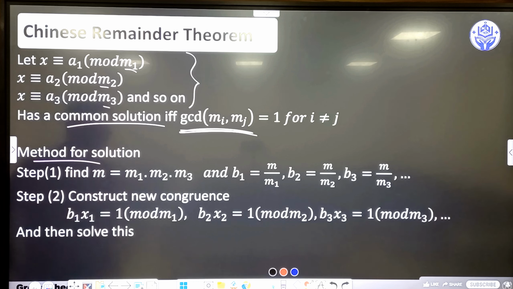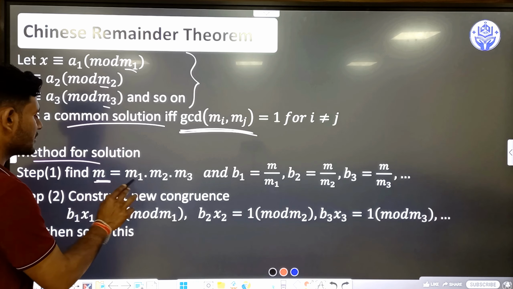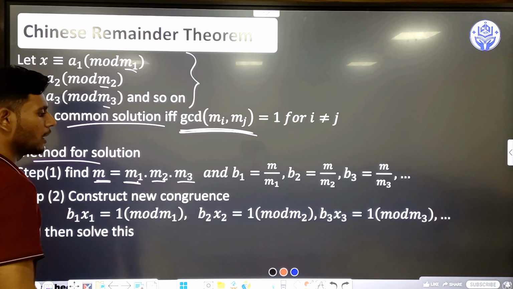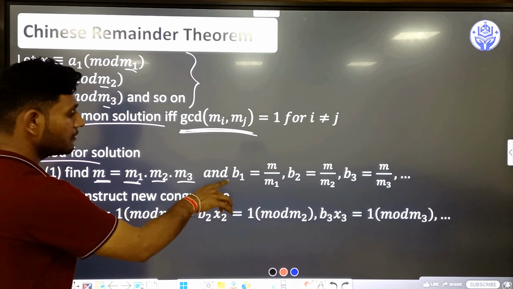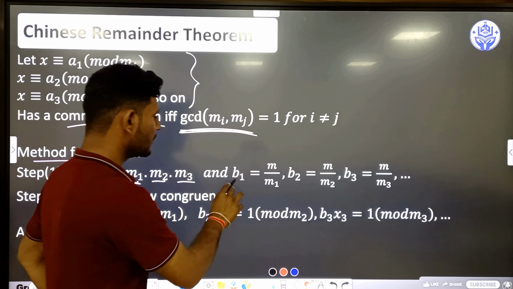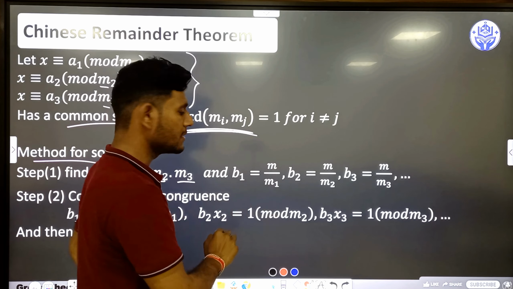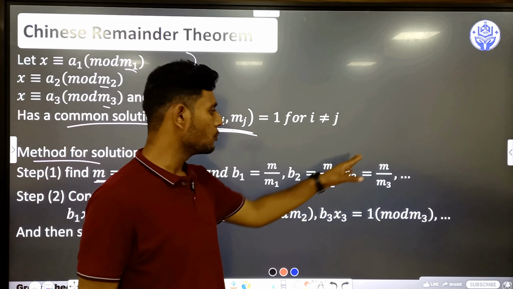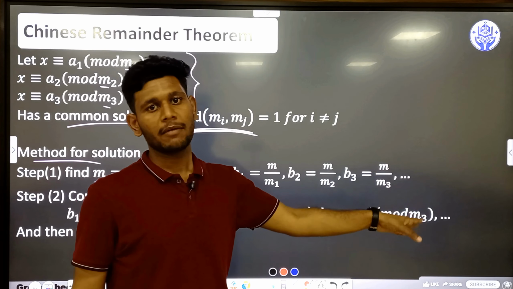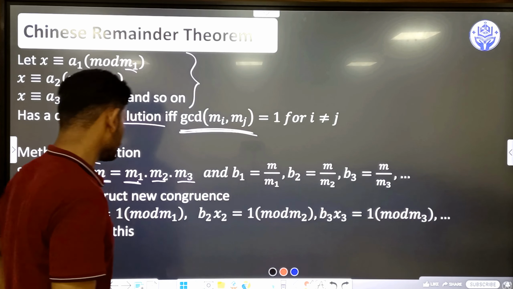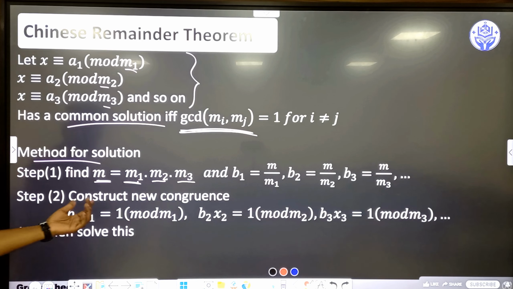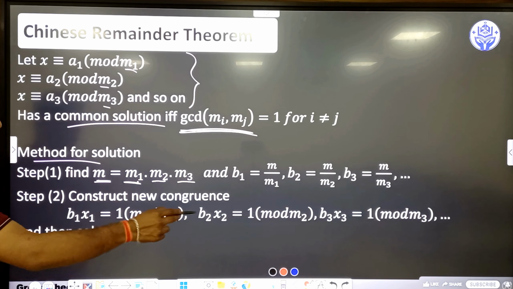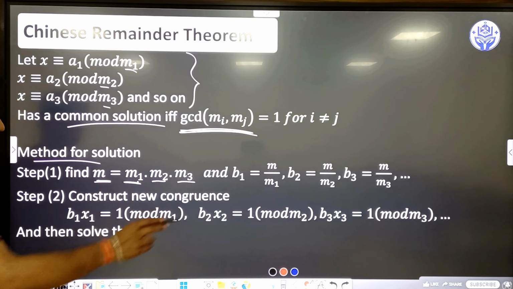Okay, now the method to solve. First of all, you have to find M. M is nothing but M1 into M2 into M3, and then find B1, B2, B3. B1 is M upon M1, that is the whole multiplication divided by M1. Then M divided by M2, M divided by M3, M divided by M4 if you have 4, 5 and so on. After that, construct the new congruence, and then solve this. How will you solve this?